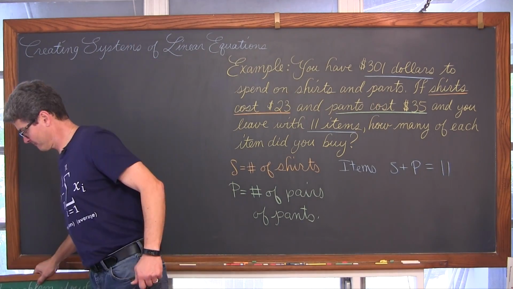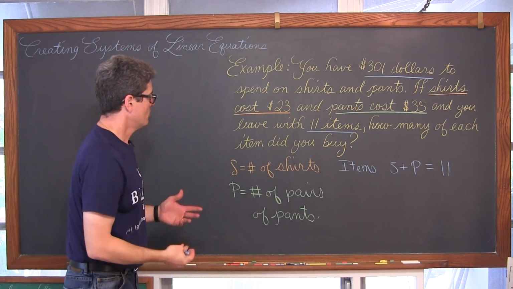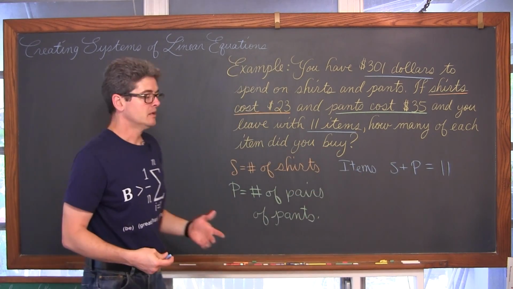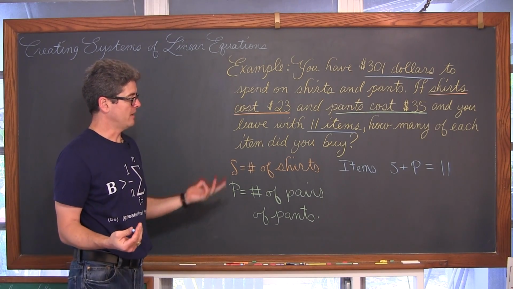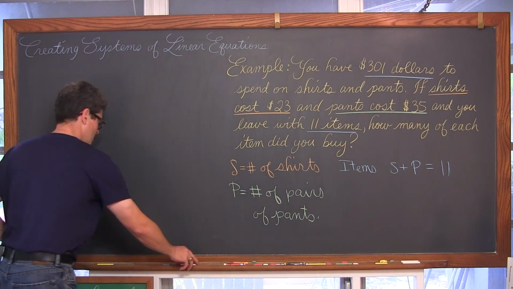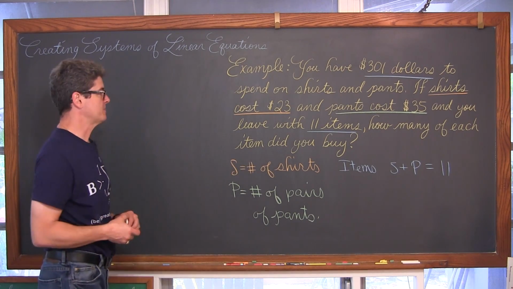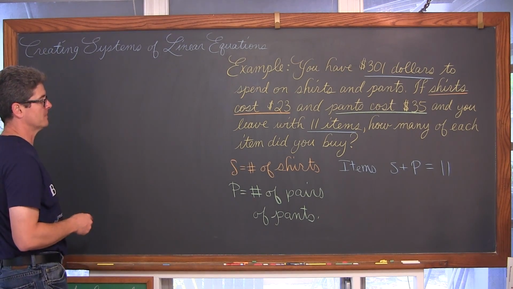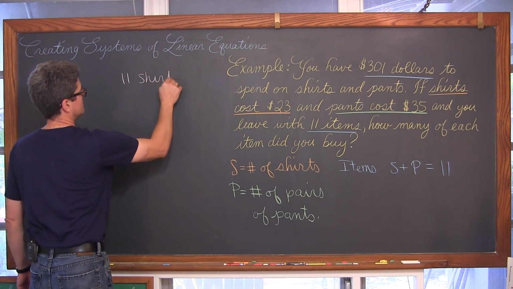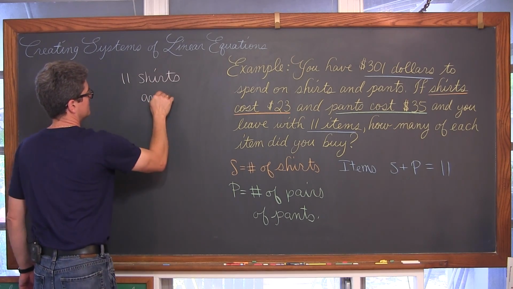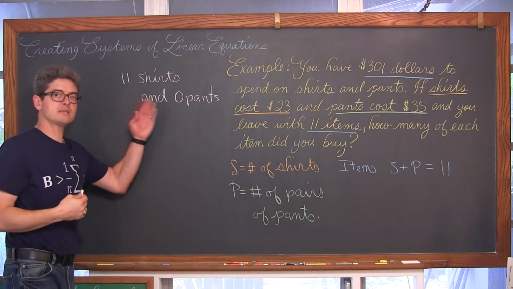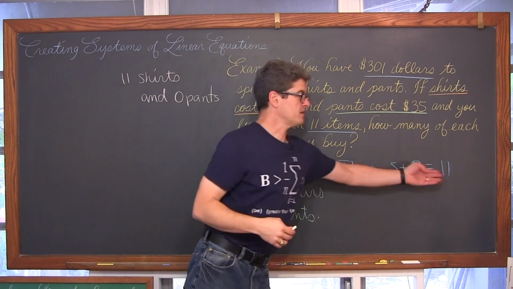Now, looking at this equation only, we might say, well, maybe I bought just 11 shirts. I'm getting a little off track because I said we were just going to set up these equations, but let's talk about this for a second. If we bought 11 shirts and 0 pants, that satisfies the condition that we've bought 11 items.